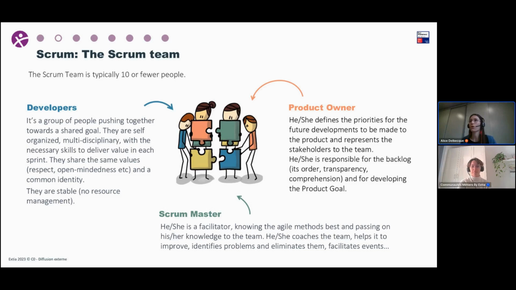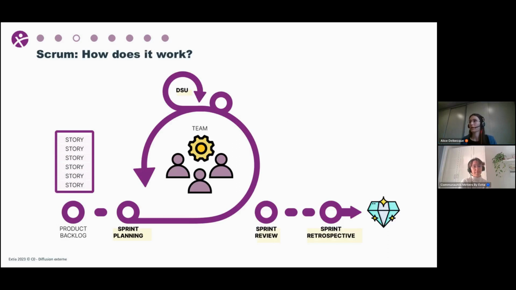So now that you know what a sprint is and what a Scrum team is, let's see how Scrum is working. So how does it work? You have a project backlog with all the items that you have to implement. And the Scrum team will select a group of items during the sprint planning, and they will put them in the sprint to implement during the sprint.